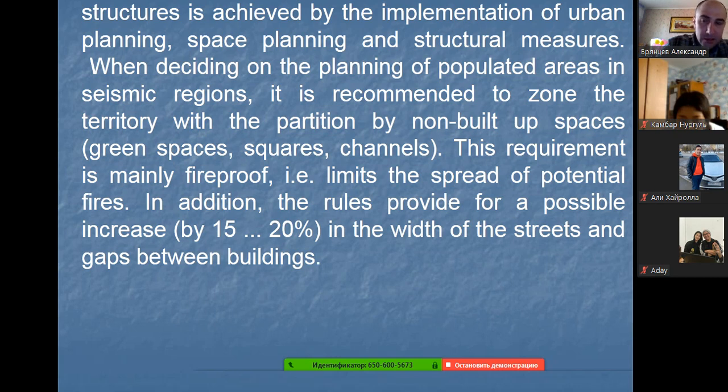That is a significant moment for the building itself.